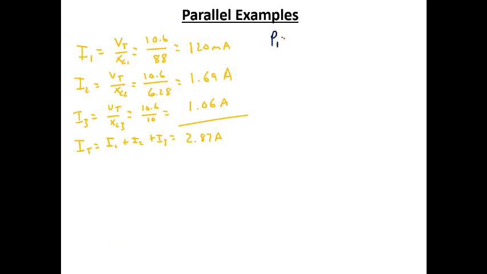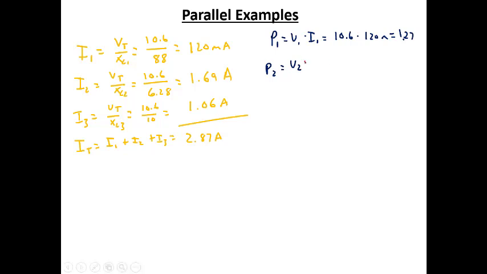P1 equals V1 times I1, so this is going to be 10.6 times 120 milli, and that's going to equal 1.27.